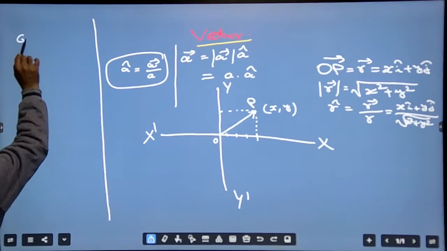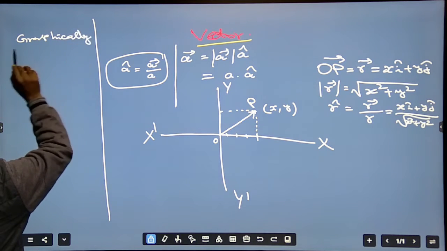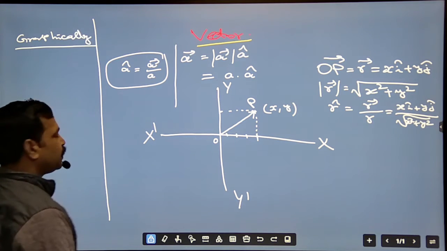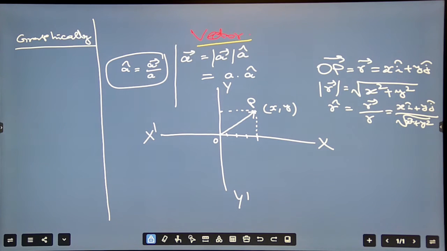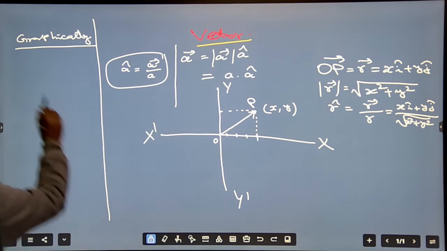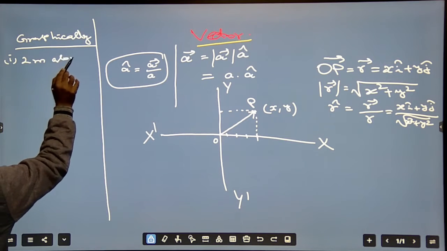Also, if the directions are given with the magnitude, we can also represent the vector. For example, suppose it is given 2 meter along north.